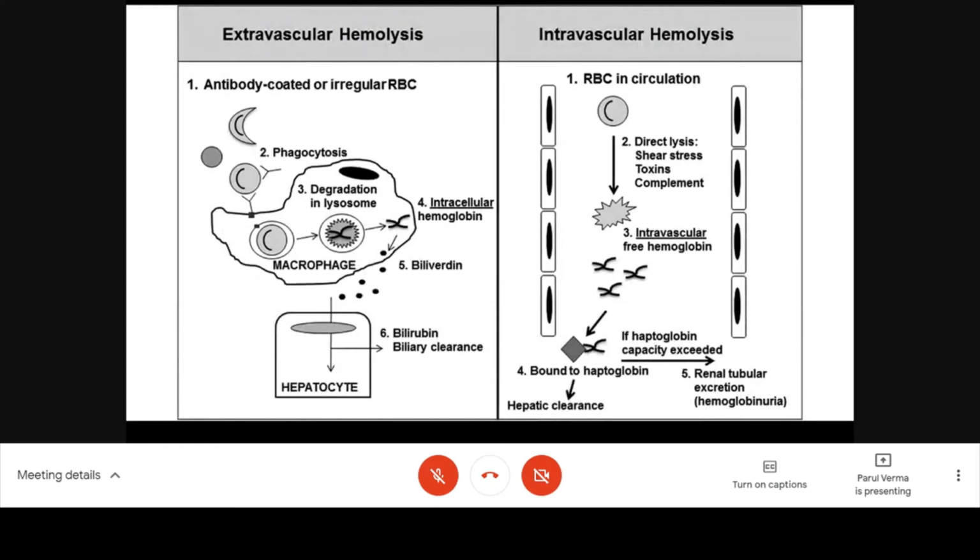So just to give you an idea about the types, which Madam had already discussed, this extravascular and intravascular hemolysis. So clinically, you need to differentiate a child with extravascular hemolysis or intravascular hemolysis.